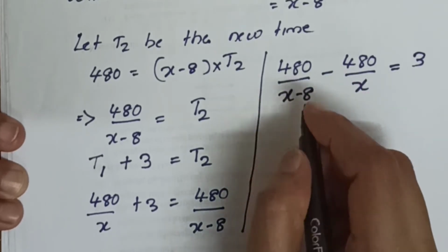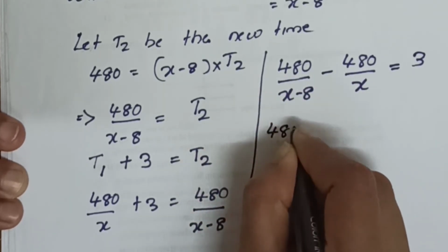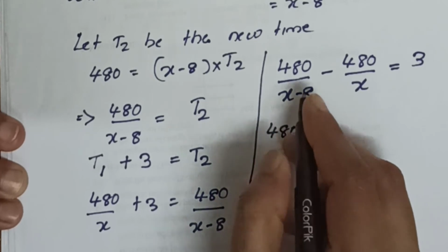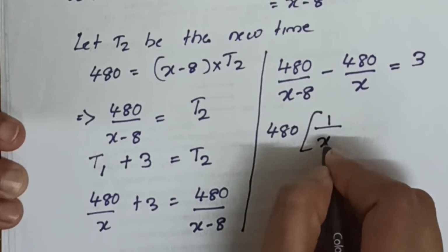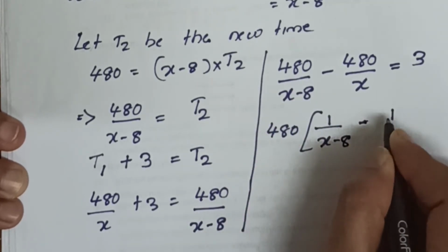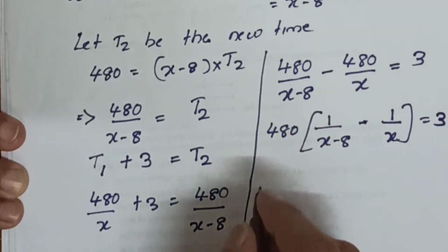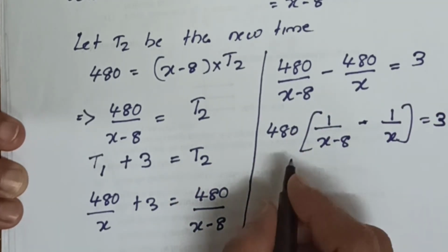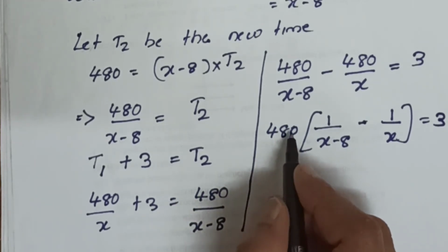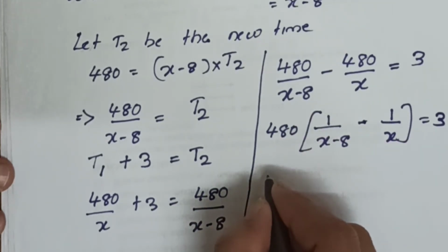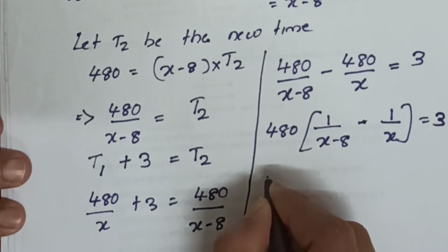Now from here we can take 480 commonly outside. What is left inside? 1 by x minus 8 minus 1 by x is equal to 3. Now we can bring this 480 to the right hand side, then it will become 3 by 480.